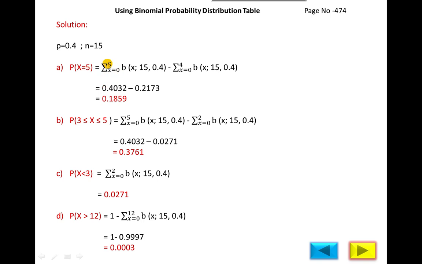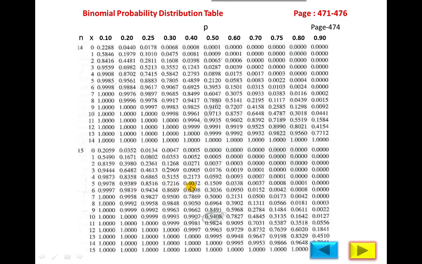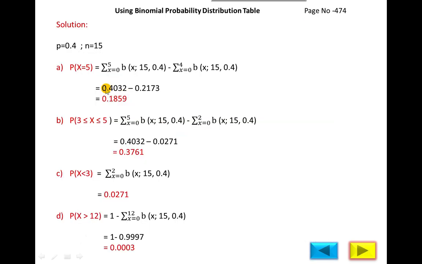So the value of 0 to 5 is 0.4032. This is the value of 0 to 5 minus the value of 0 to 4, which is 0.2173. So 0.4032 minus 0.2173. If you subtract 0 to 4 from 0 to 5, you will obtain 5.